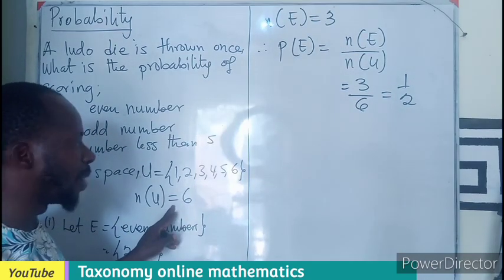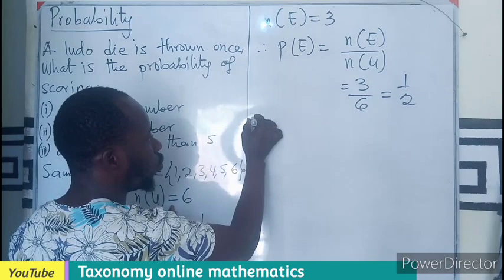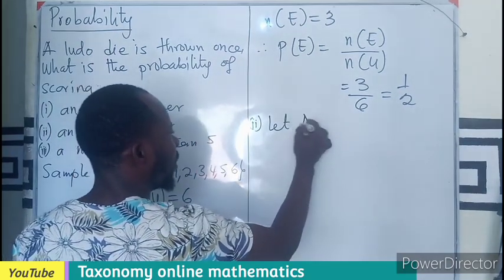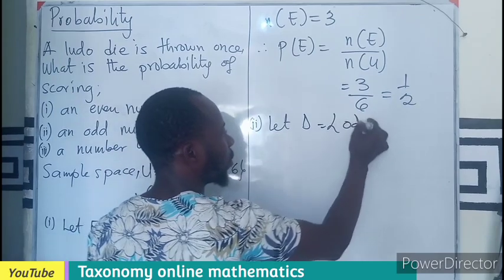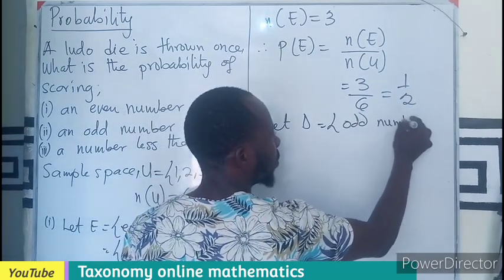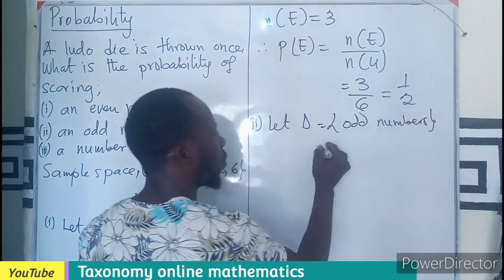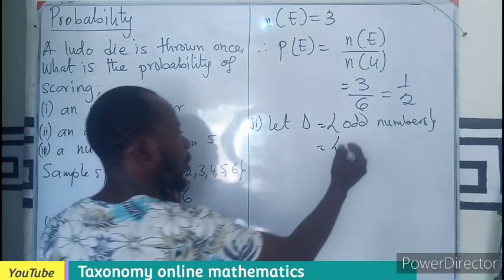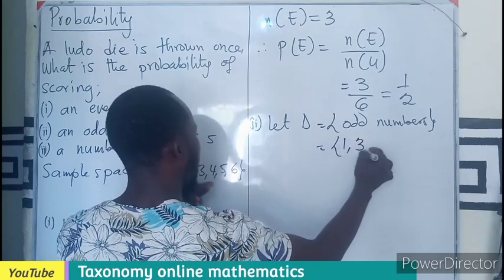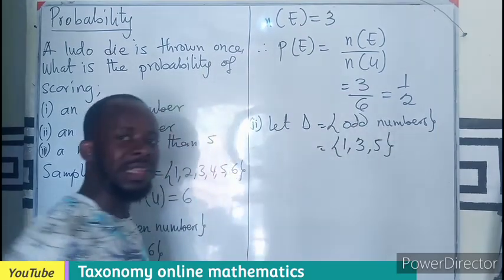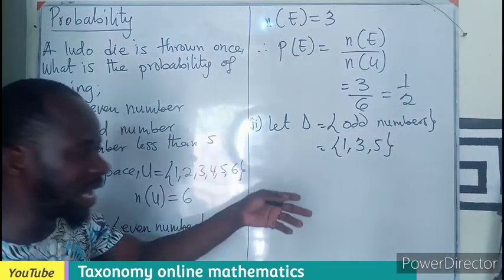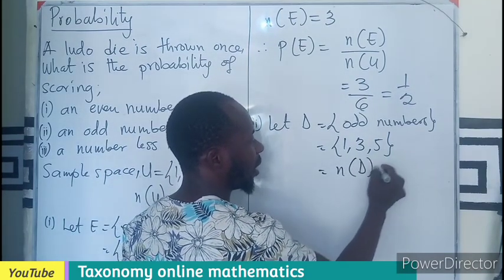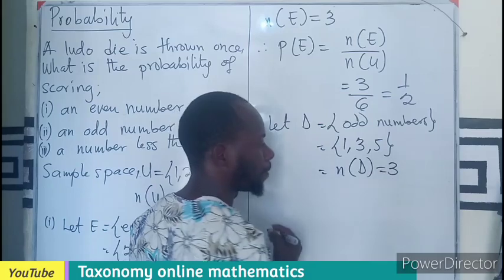So since we have the sample space, for the number 2, I can use D to represent the set of odd numbers. The set of odd numbers inside the sample space will be 1, 3, 5. These are the odd numbers we can get, but how many are they? So the number of D equals 3.